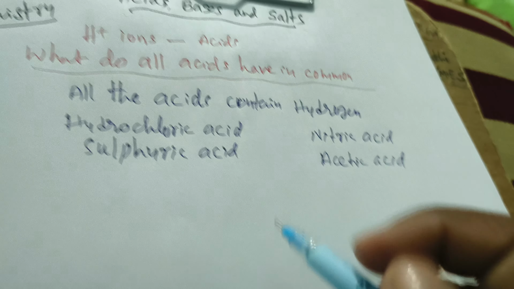The aqueous solution of hydrochloric acid dissociates into H plus and Cl minus ions. This is the hydrogen ion, and this is the chloride ion. So observe here, when hydrochloric acid is dissolved in water, it gives us the H plus ion.